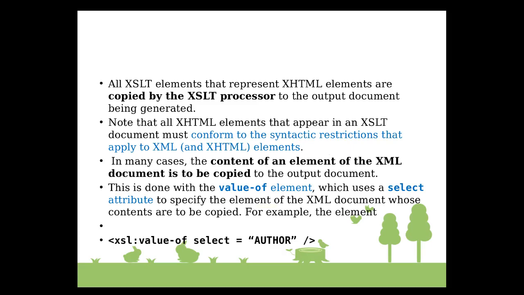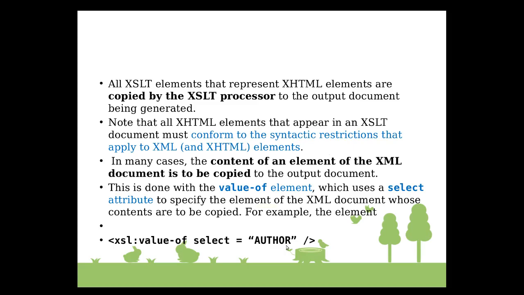This is done with an element named value-of, which has an attribute named select, which specifies the element of the XML document whose content needs to be copied. An example is given here: xsl:value-of, this is the element name, select equal to author.